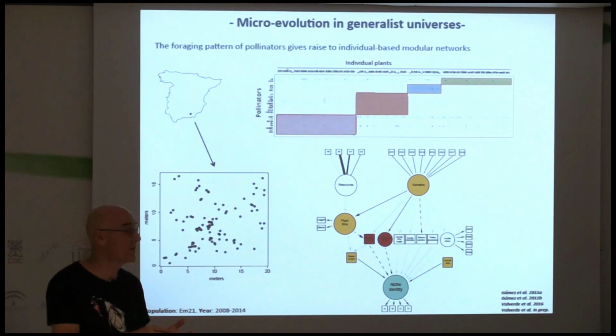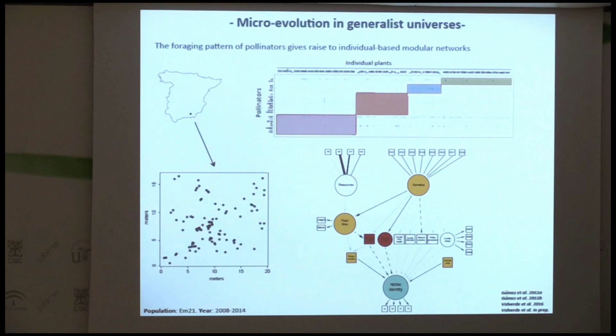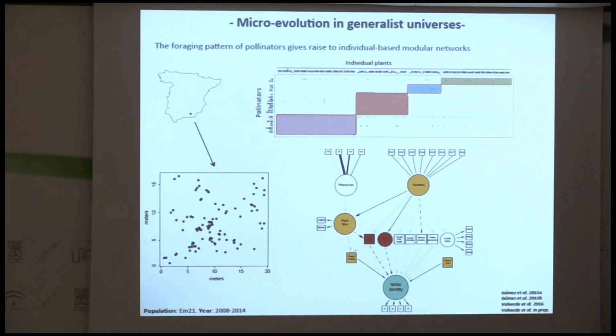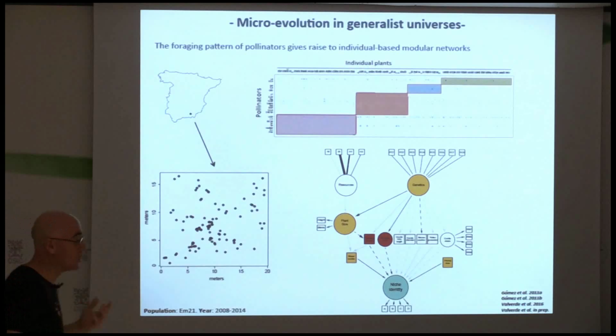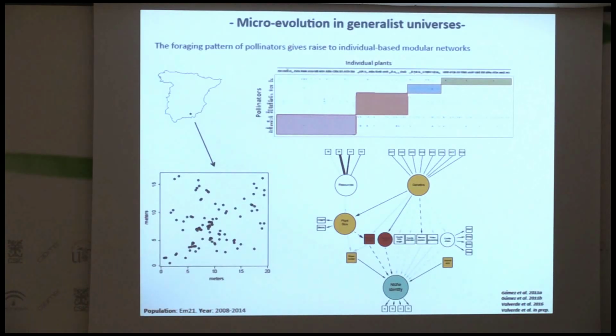And this is very important because this is something that allows the evolution of pollination niche at this level. There are some traits that can be related with niche. If there are some niches that are better than other niches because they are composed of species that are more effective at pollinating, for example, probably natural selection is going to favor those individuals bearing those traits that make them interact with this niche.